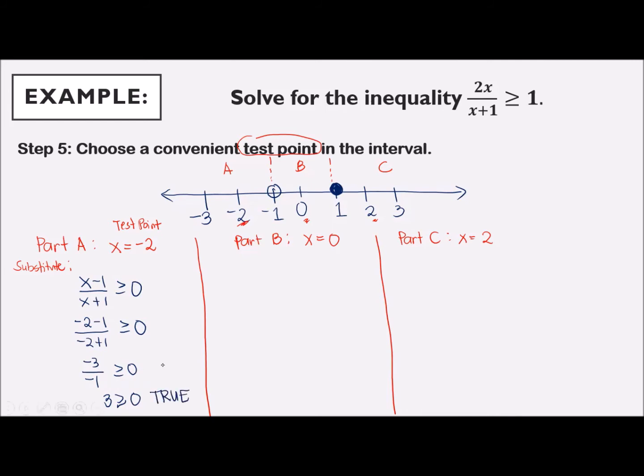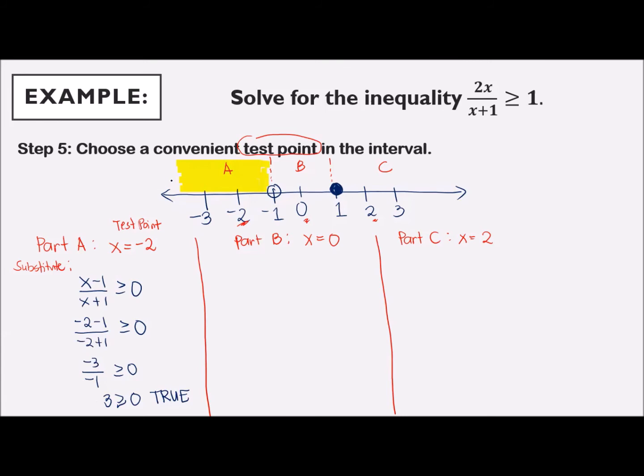So, ibig sabihin, lahat ng nasa kaliwa ng negative 1 ay parte ng solution. So, highlight lang po natin. Bakit mo hinighlight, ma'am? Kaya nga parang siyang shaded, di ba? Ibig sabihin yan, lahat ng nandiyan ay parte ng solution. Ngayon, ilagay na natin yung interval.